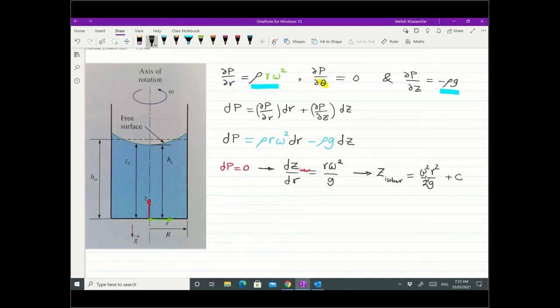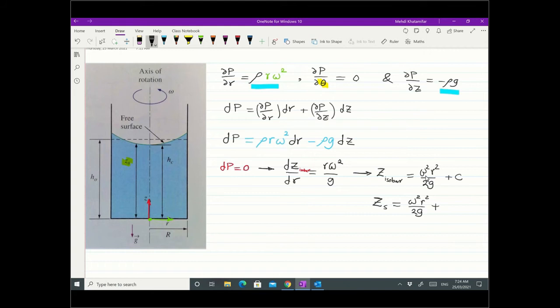So if I want to investigate the isobar at the surface, or just the surface of the liquid, which we called zs, it is going to be omega square r square divided by 2g plus that constant, which is the distance from our 0, 0.